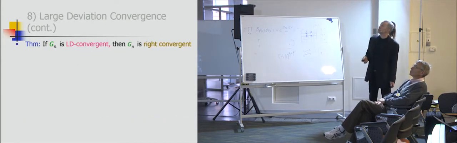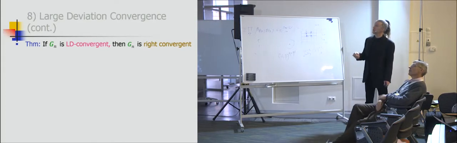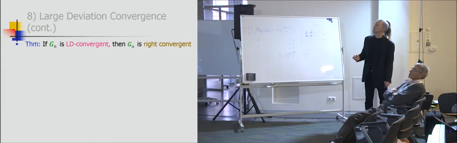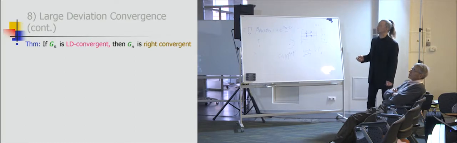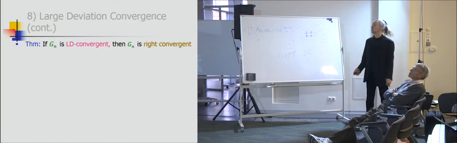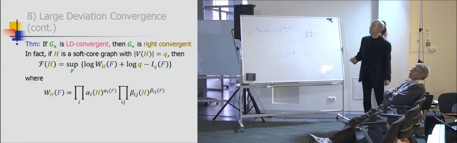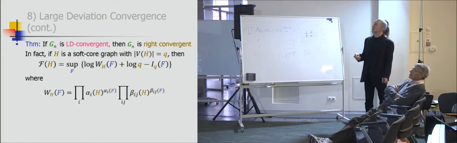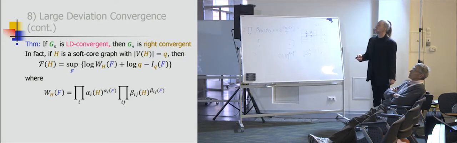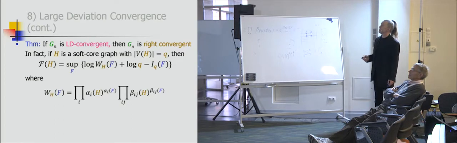Now we have a theorem which says that if a sequence is large deviation convergent, then it's right convergent. In fact, we can actually calculate what the free energy is. Assume that H is a soft core graph with Q vertices.